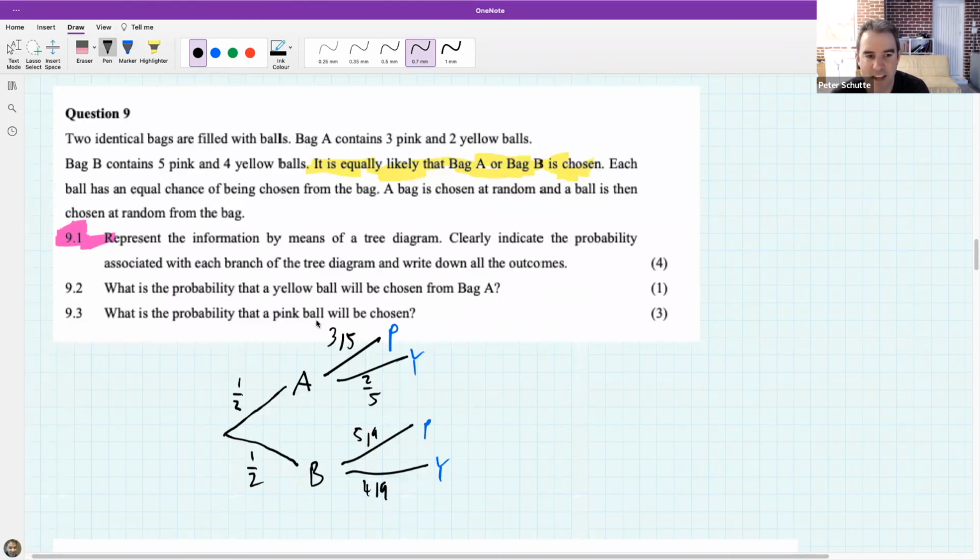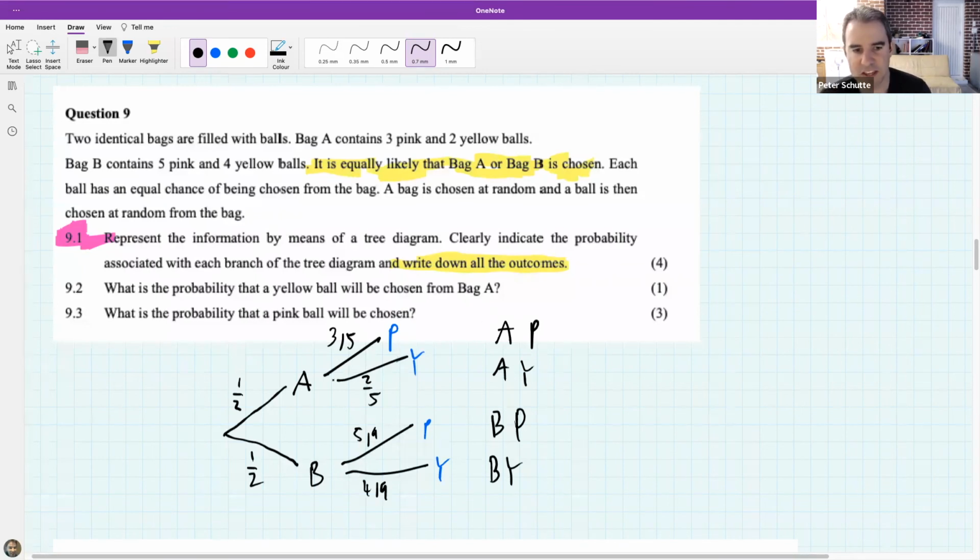Now, there's something else I actually haven't done. The question says, write down all the outcomes. I haven't actually written down, indicate the probability for each branch and write down the outcomes. If they say write down the outcomes, here would be AP, AY, BP, BY.